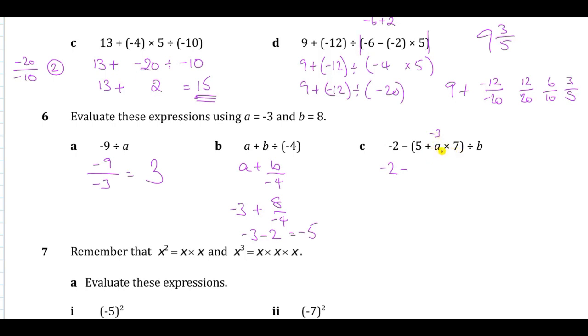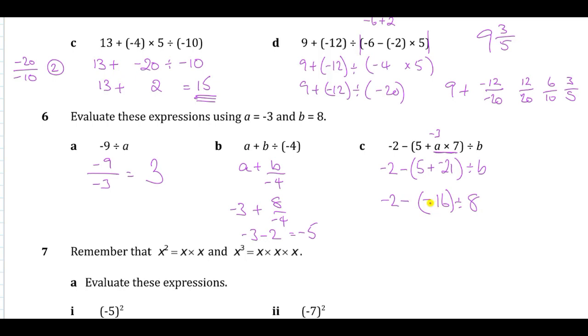I do the negative 3 times 7 first, following BODMAS. 7 3s are 21, divided by B. This is minus 2, take away 5 plus negative 21. 21 take 5 would be 16. So this in the bracket is negative 16 divided by B. And B is 8.